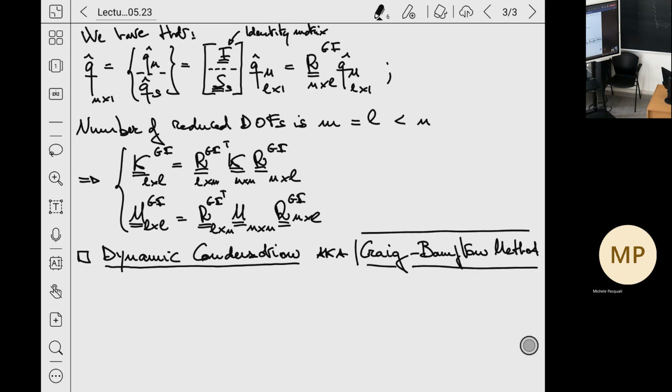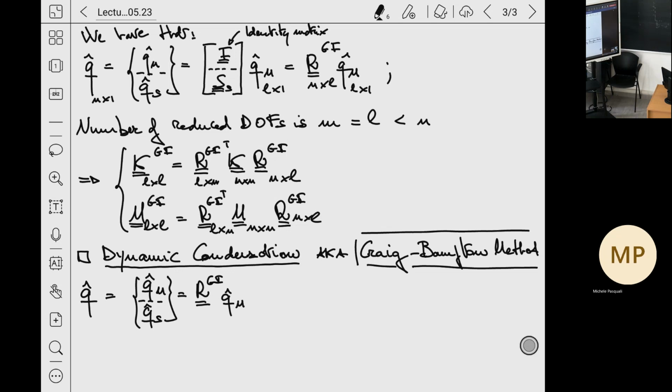So, when you reduce the number of coordinates using the static condensation, as we have said, you do the following. Okay, you do this: master, slaves, and this is again, as said, R Gaussian iron times Qm.